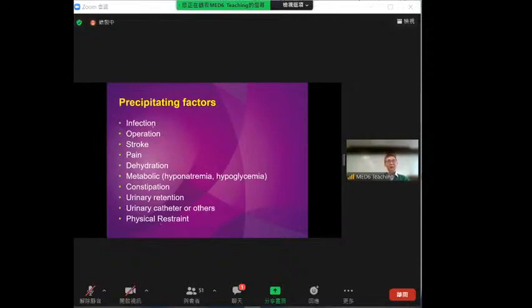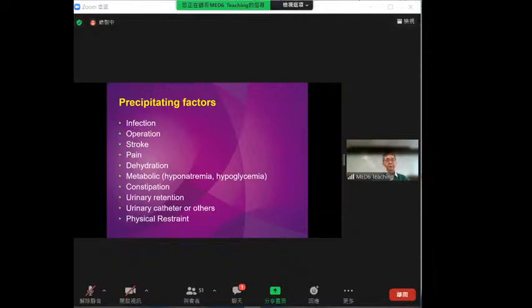Anything wrong with them, even constipation, fecal impaction, urine retention, but more importantly, things we do to them, putting catheters in, putting drips in, applying physical restraints, all these things will precipitate delirium.